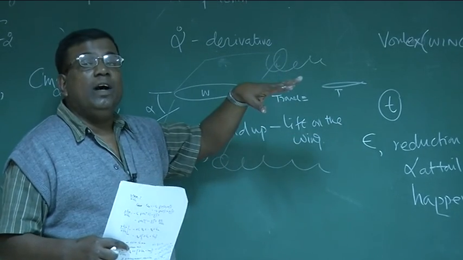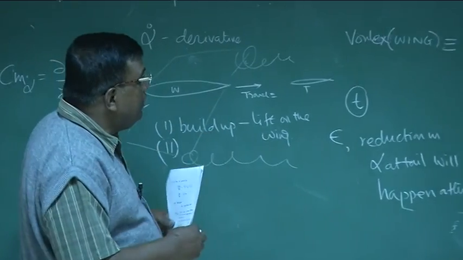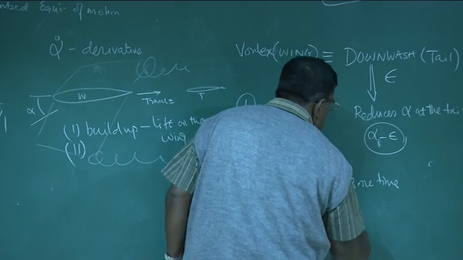So then only the downwash angle will be seen by the tail. How much time will it take? Roughly it will take LT by U1.